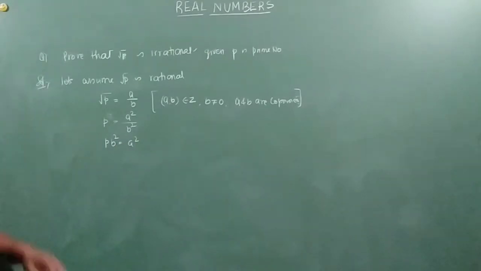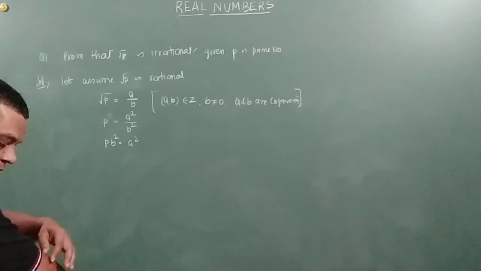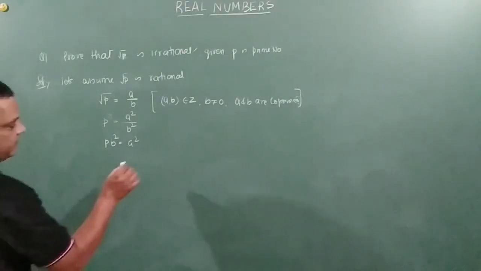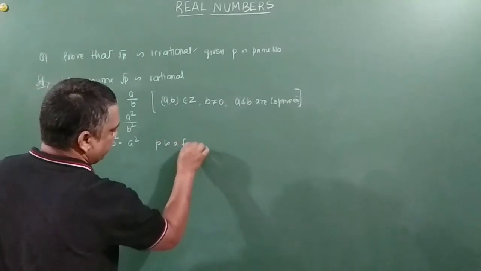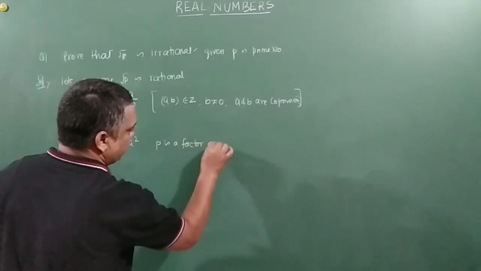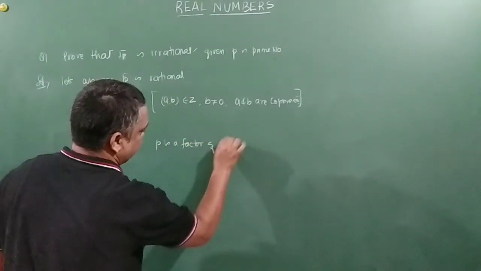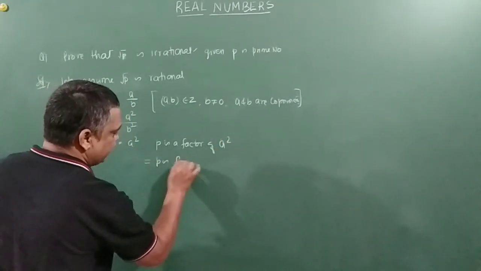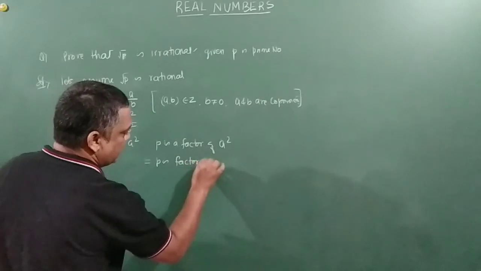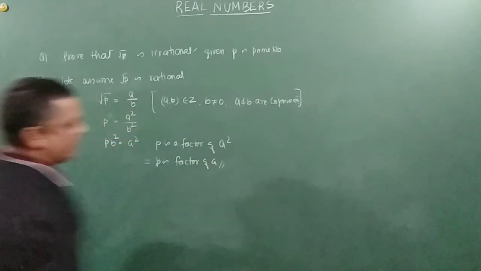Right, means? So that means P is a factor of A square, right? Which also implies that P is a factor of A, right?